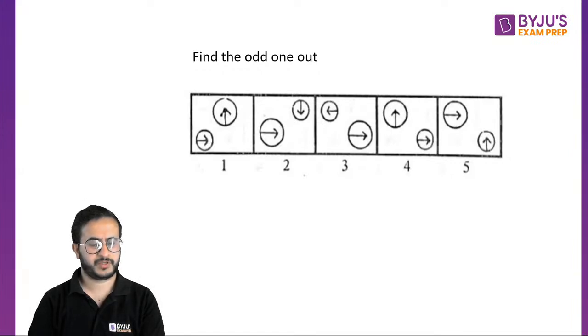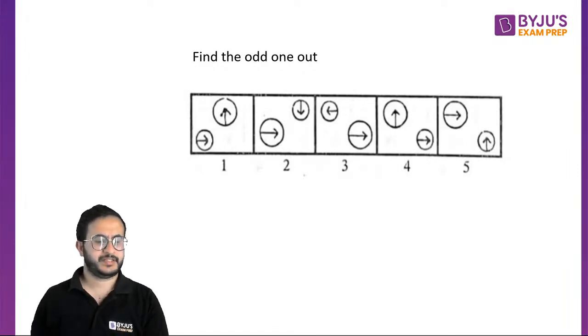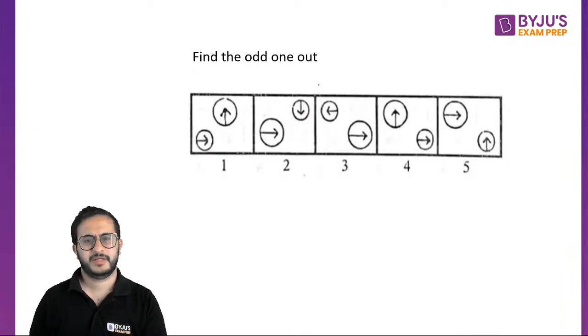So many of you are saying 1, 3, 5. Okay, so let us see. Small circle, big circle. In some the small circle is at the bottom, in some the small circle is at the top.